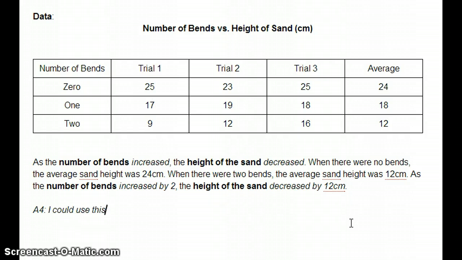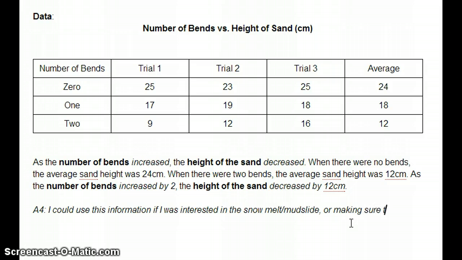I could use this information if I was interested in the amount of rocks that come down off a mountain after snow melts, snow melt mudslides, the idea that by putting more bends you get less material, or that the rivers always stay deep enough for travel, or whatever you put down there.